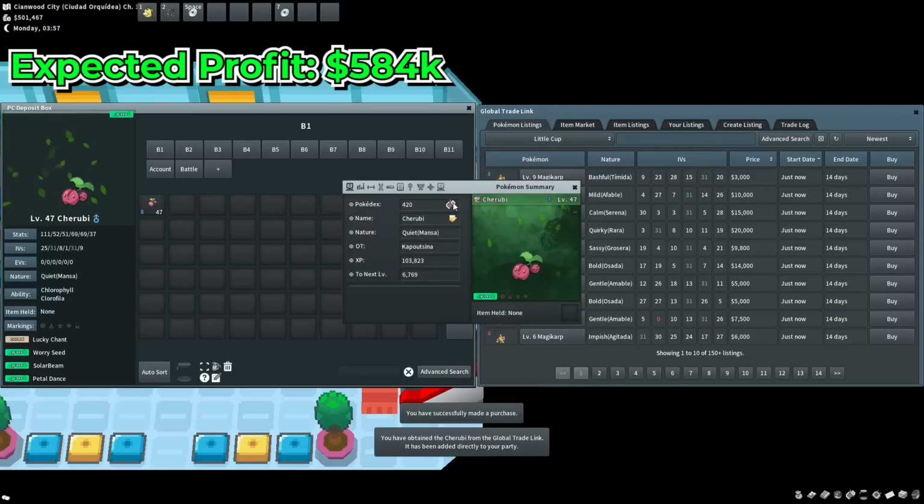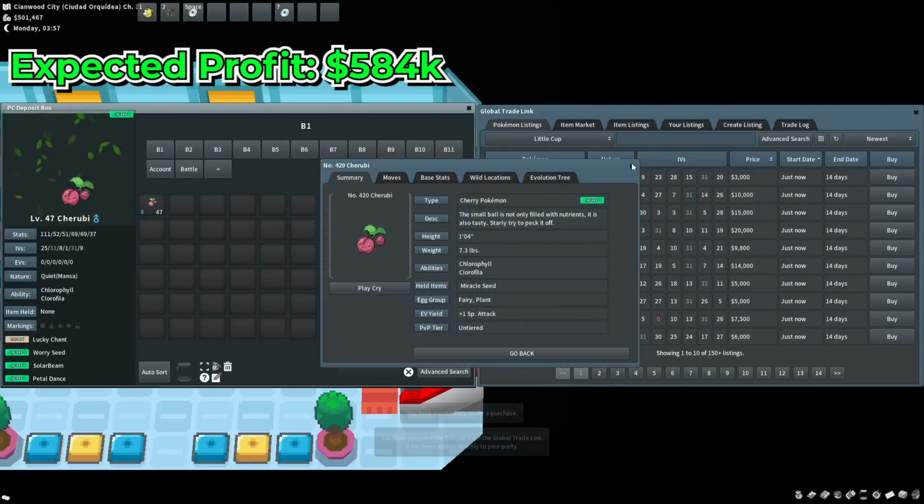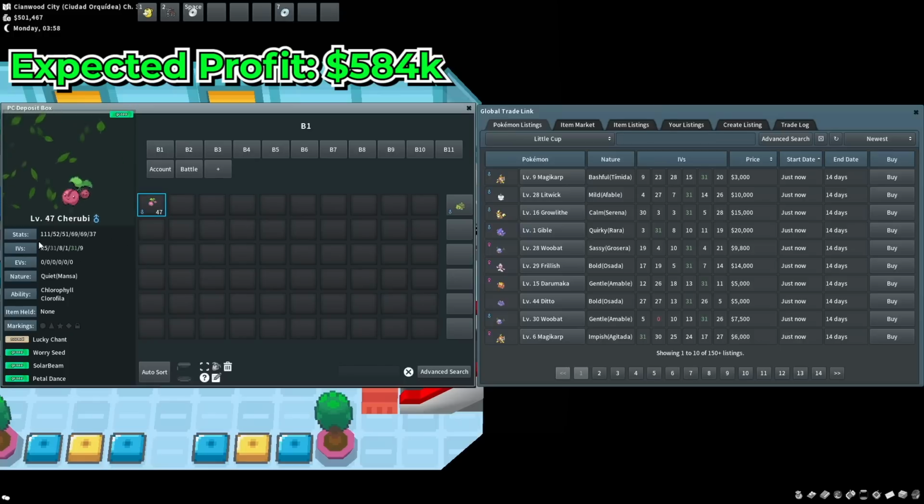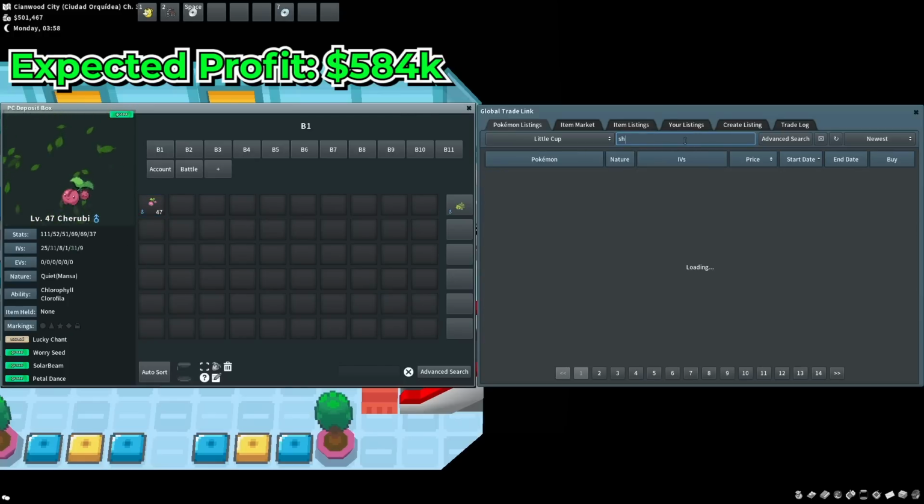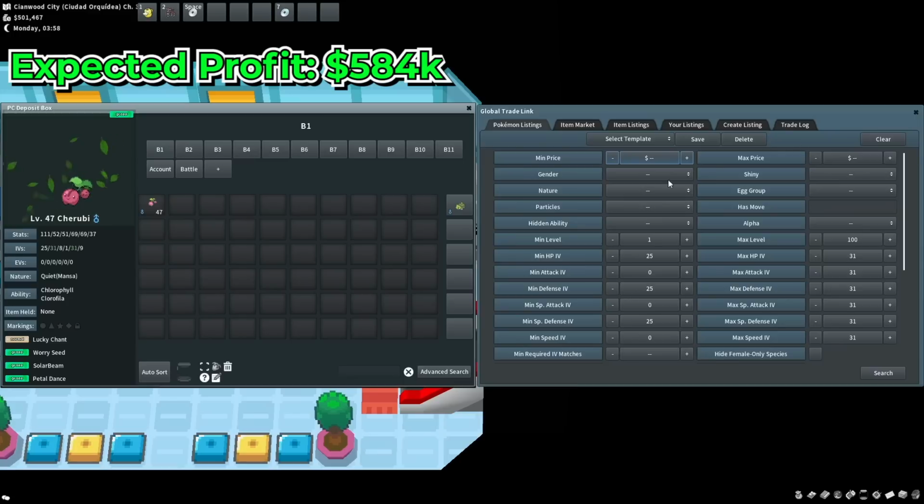Now this is a plant, I believe, a Fairy Plant with 31 in attack and one of its defenses. And since I already talked about Shiinotic, I like to price check these egg groups with this template, like this.